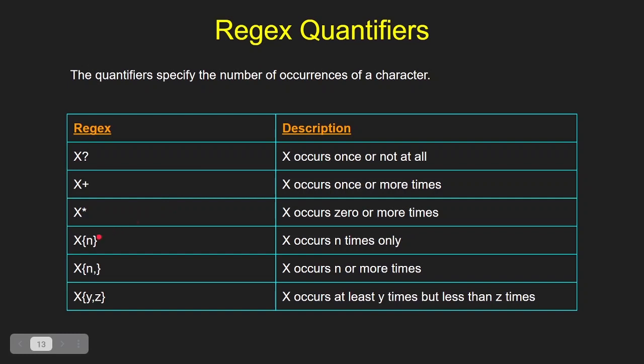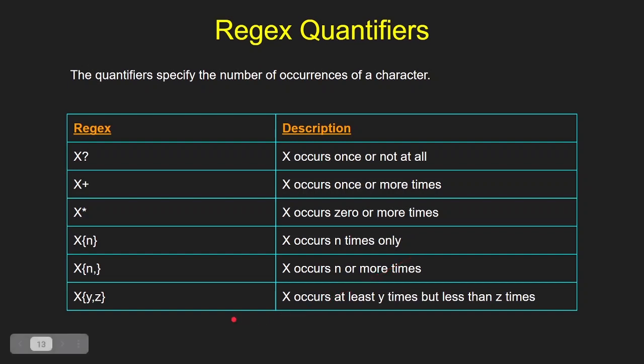Next is x. In curly braces we will have n, which is any number. So x occurs n times only. It will occur for which number we provide in the curly braces, only that number of times. If we provide 2, it will only match for 2 occurrence. Okay. Next is n comma.